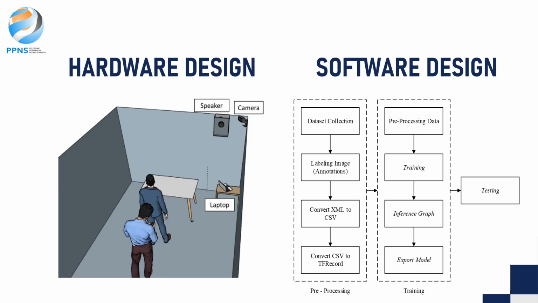At the training stage, we have four main activities. The first is pre-processing data, the second is the main process called training, the third is inference graph, and the last is exporting the model. The last stage is testing with several conditions.